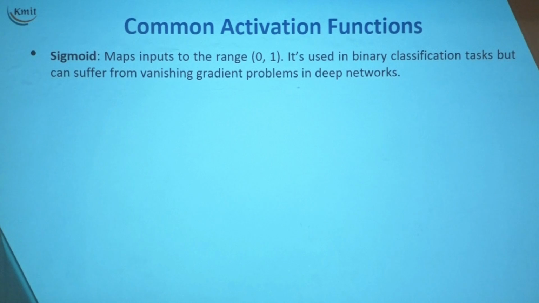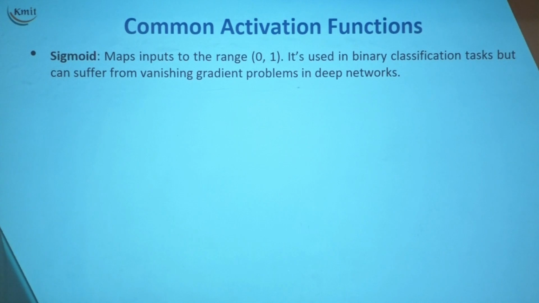But we prefer using sigmoid in the output layer. You'll understand why later. But just for now, as this is your first session, just understand that sigmoid would be used in the output layer activation function.